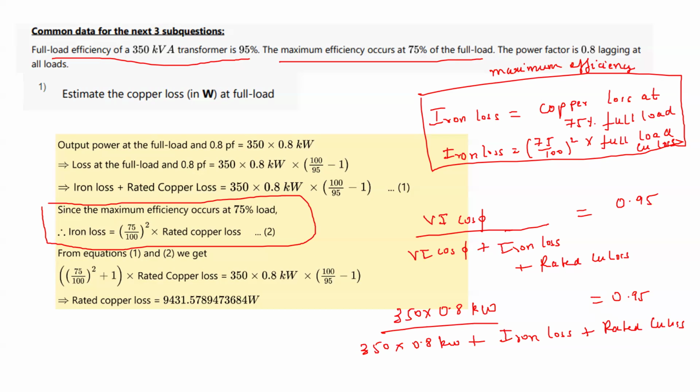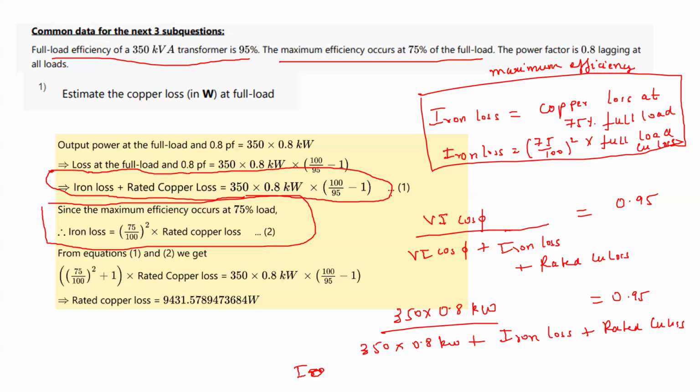So if you rearrange this, then you will get it in this form. I'm not writing it because there is no space. If I cross multiply it and take the iron loss plus rated copper loss on the left hand side, then you will get it like this.